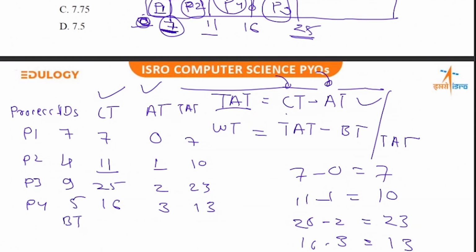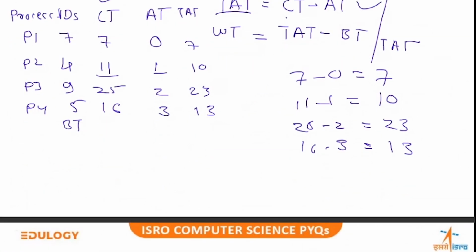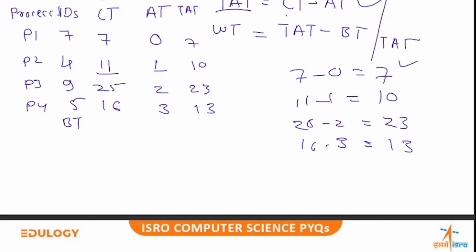BT stands for burst time. This is your turnaround time. So now we are subtracting 7, 4, 9, and 5 for calculating waiting time.